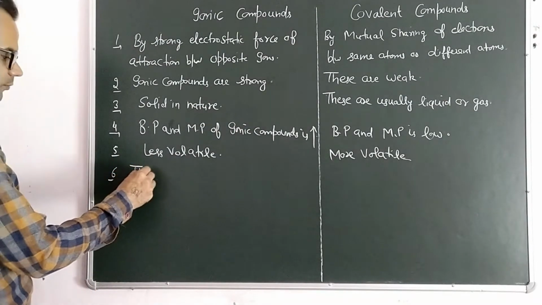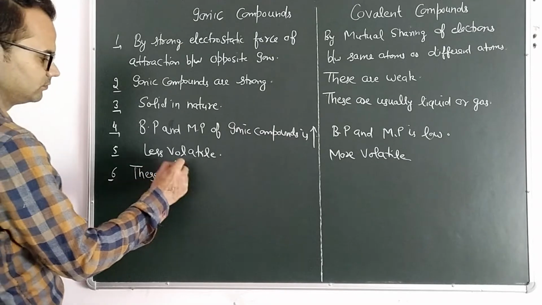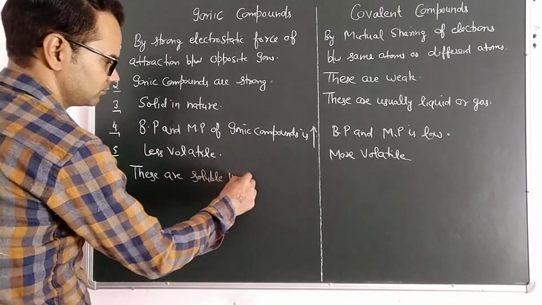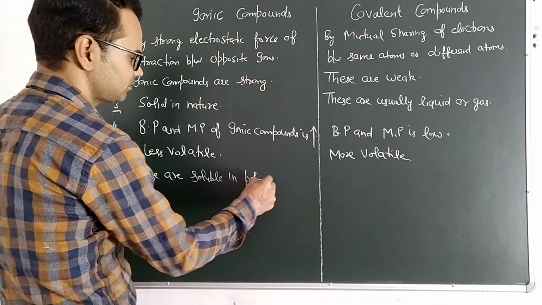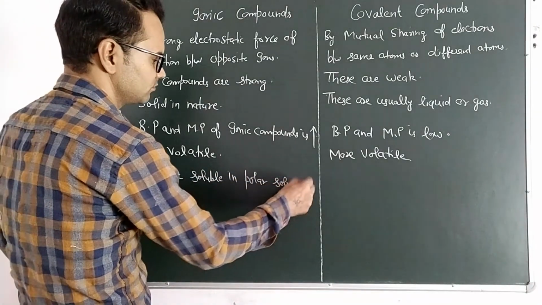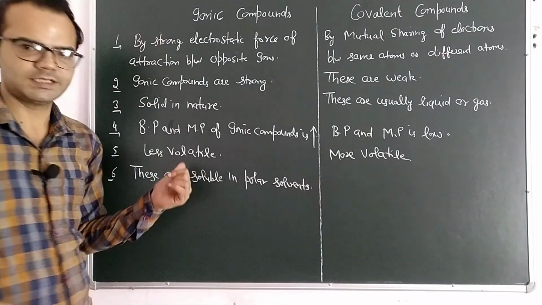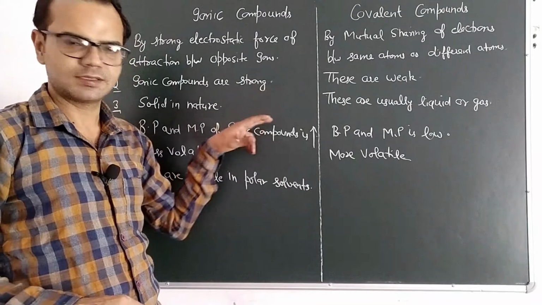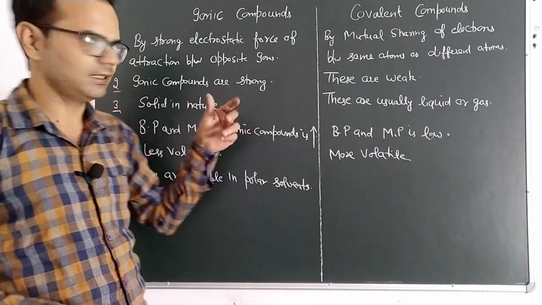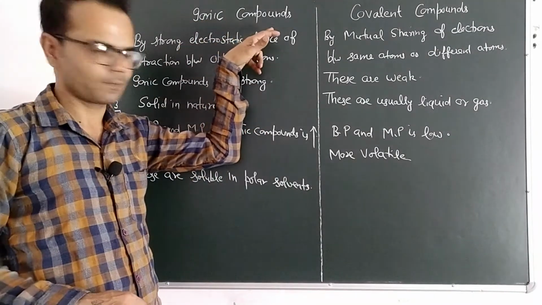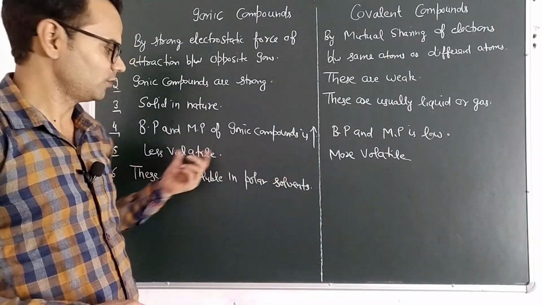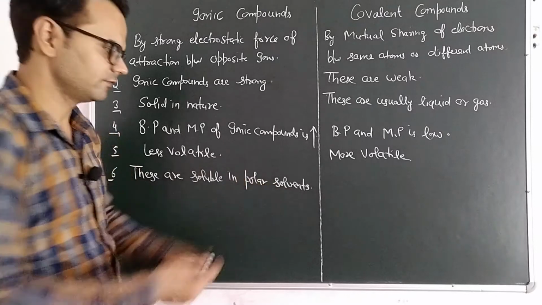Next is solubility. Ionic compounds are soluble in polar solvents. Actually, solubility is simply based on like dissolves like. So ionic compounds are more soluble in polar solvents like water.